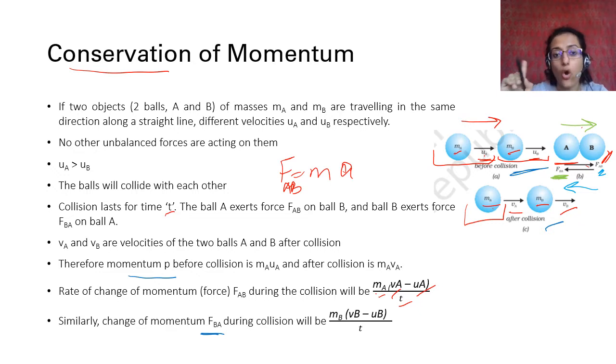The force applied from B to A, not from A, from B to A, is change in velocity into mass upon time, right? Ma. Do you understand this? We have done in the previous video how we got this. A is change in velocity upon time, right? So velocities have changed, mass remains the same, and time is the same.